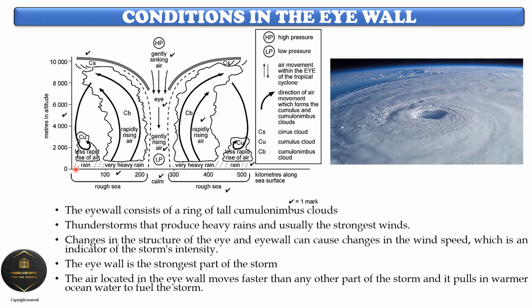I hope we are fine with that. And of course, in the upper atmosphere, we will have air divergence. Since we have air divergence in the upper atmosphere, it means this air is cooling down as it rises over there, and it leads to the formation of cirrus clouds, and those are relatively cold clouds.